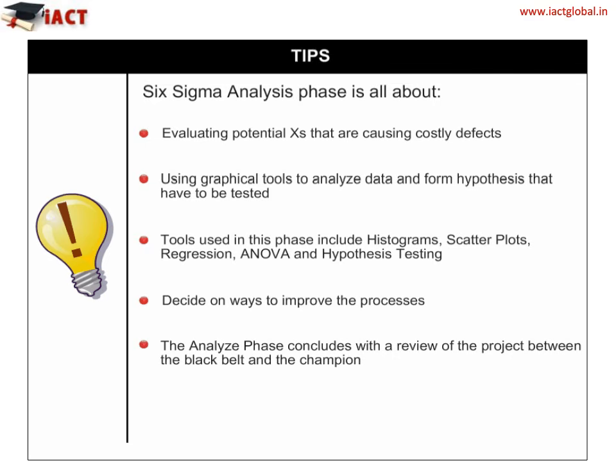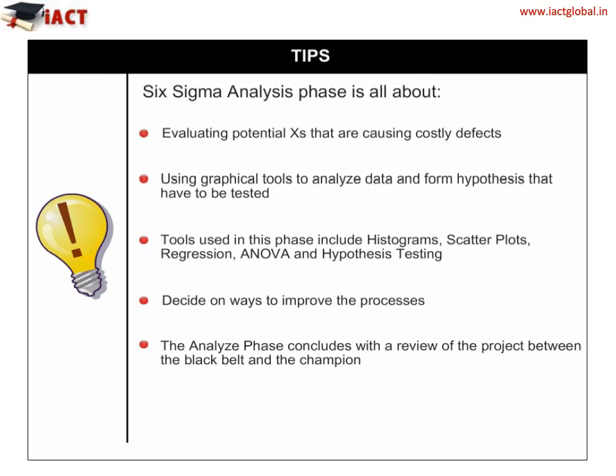the team decides on the ways to improve the process to reduce or close the gap between the current performance and the potential performance. The team begins by drawing a priority list of opportunities to improve the process. Then, the team creates and evaluates alternatives and decides on the best solutions for process improvement.